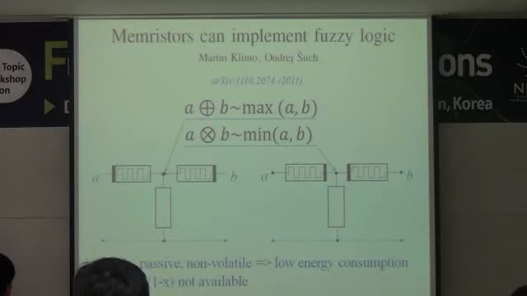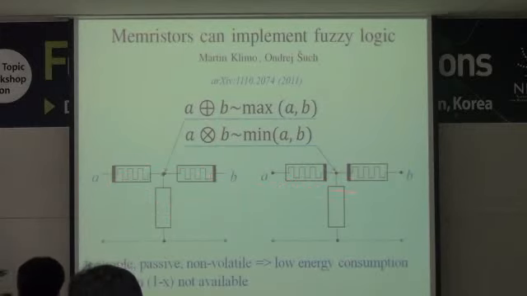We didn't find how to make a negation with Memristor, and another problem what we have with negation is if I show advantage of this circuit, that these circuits are passive, that there is no power source.